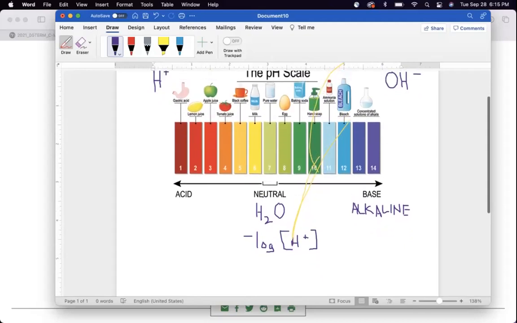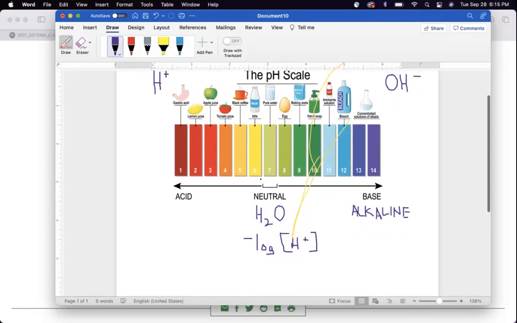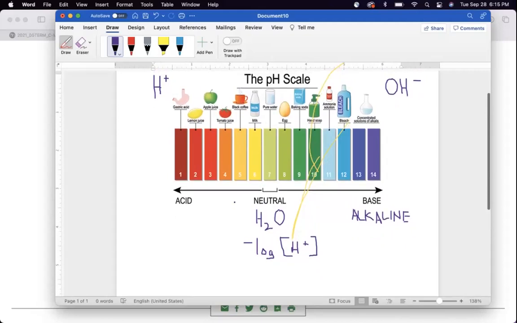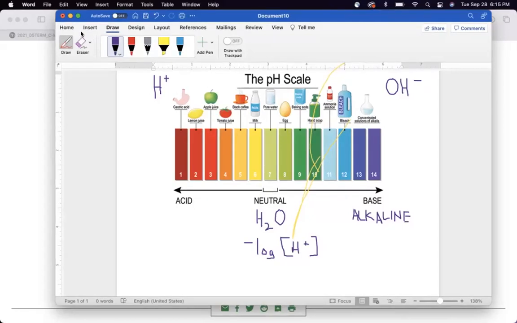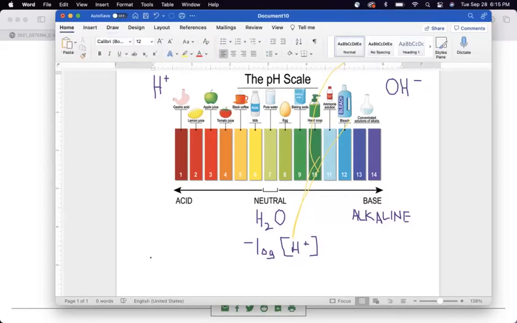Now, we're going to talk about buffers in a minute, and a buffer is either a weak acid or a weak base that will keep my body somewhere in the range of a pH of 7.4. So, for example, let's say I'm here at pH 5. I'm a little bit on the acid side.